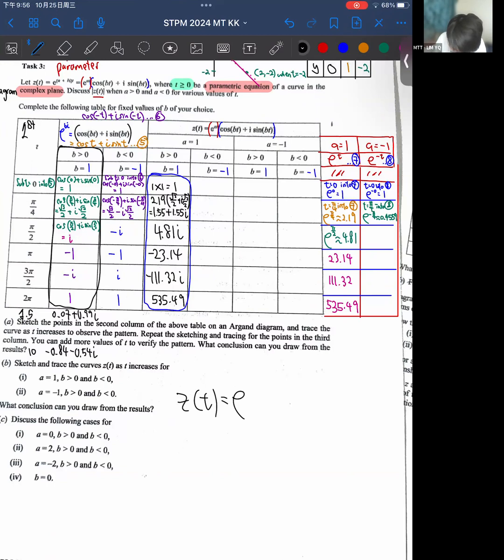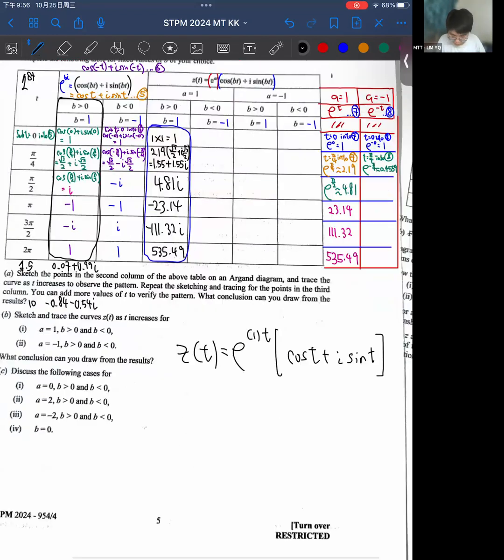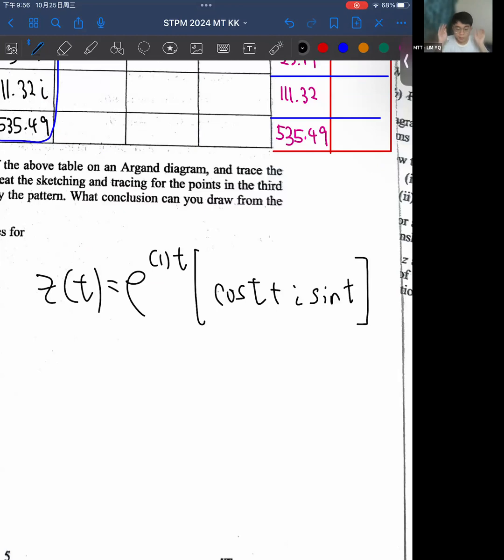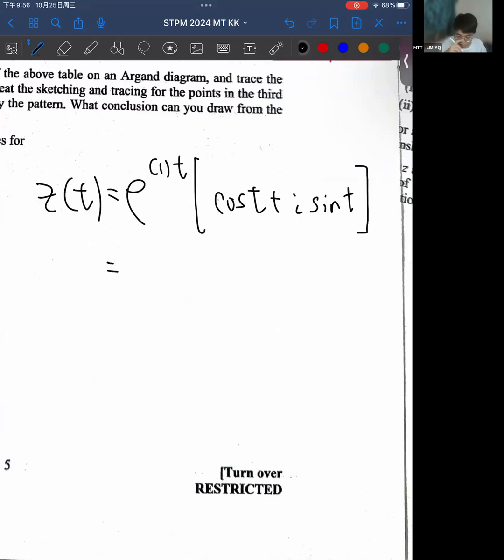Rewrite it: e^t, 1 multiply t, and cos B is 1, so cos t plus i sin t, right? Remember this technique, how to use the calculator.